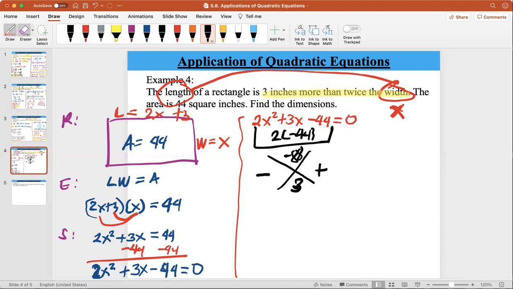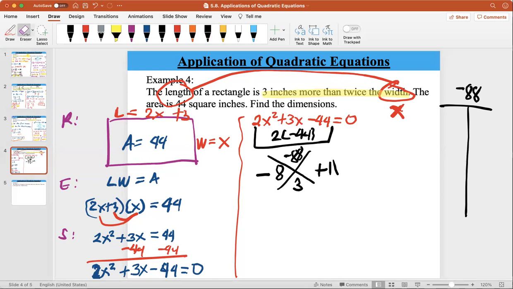What are these numbers? What do you think? The numbers will be what? Okay, try it out. Negative 8, positive 11.